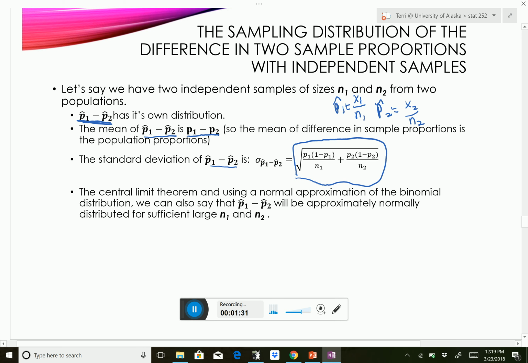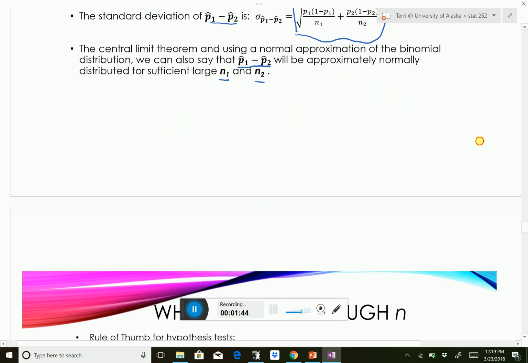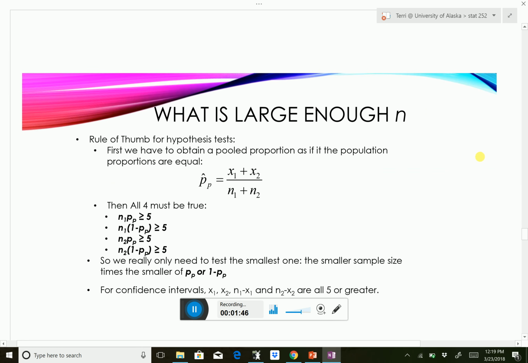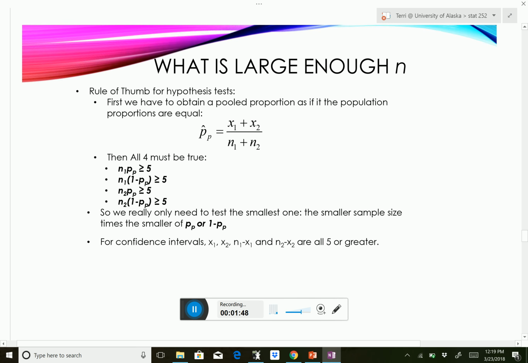Of course, again, the central limit theorem states that P1 hat minus P2 hat will be approximately normal as long as N1 and N2 are large enough. So let's move on. Again, what is large enough N? In this case, the first thing we need to do is find our P pooled hat.